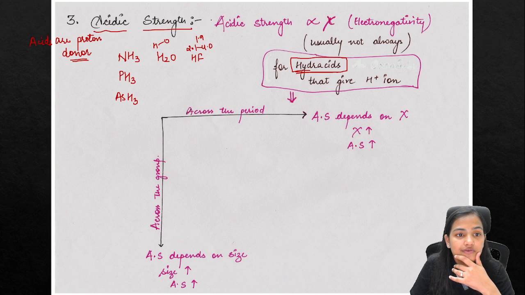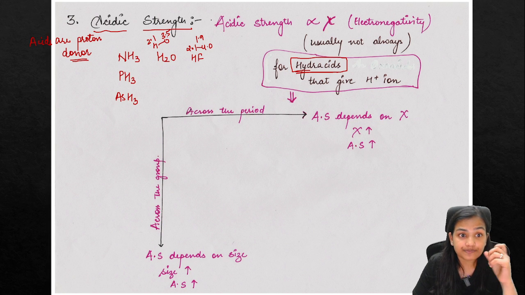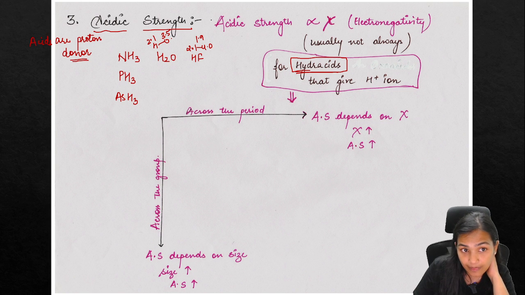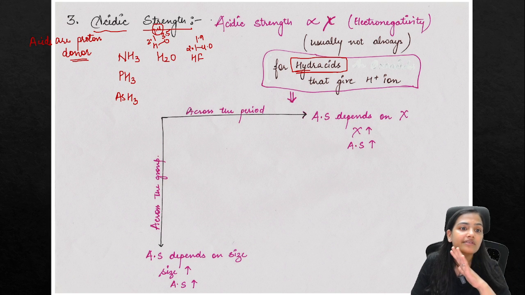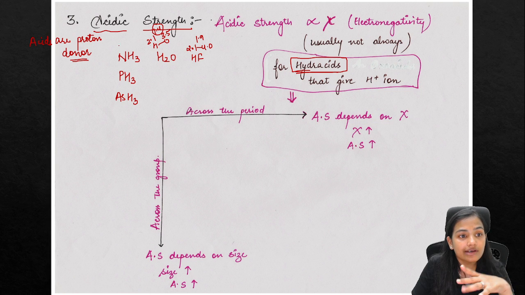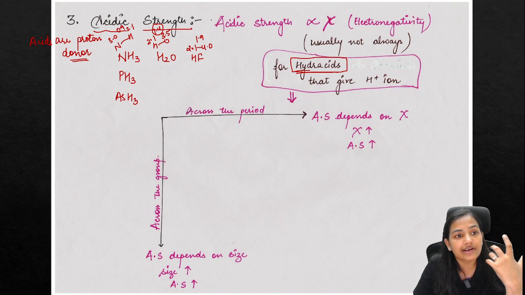In the case of H2O, oxygen is 3.5, hydrogen is 2.1, so the difference is 1.4. Now for nitrogen and hydrogen, hydrogen is 2.1 and nitrogen is 3.0, so the difference is 0.9.